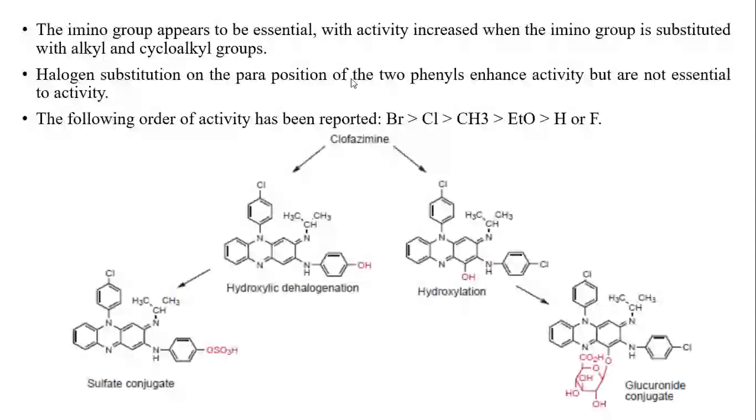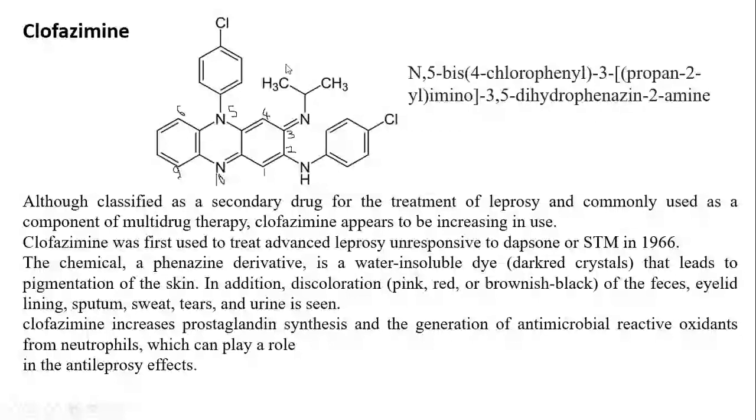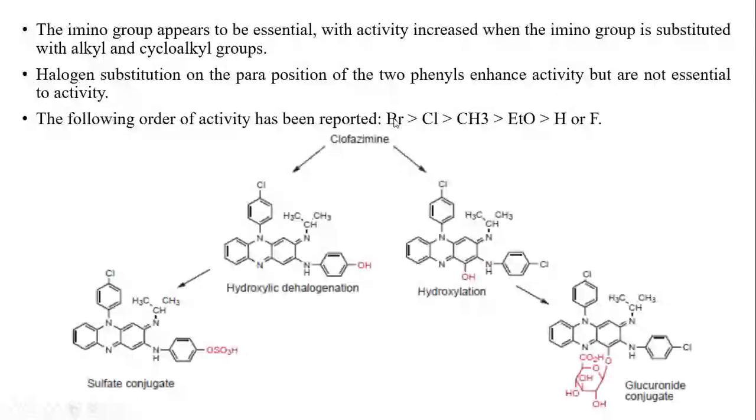Halogen substitution on the para position of the two phenyl rings enhances activity but is not essential to the activity. The following order of activity has been reported: bromine is more significant as compared to chlorine, then methyl, then ethoxy, then hydrogen or fluorine.